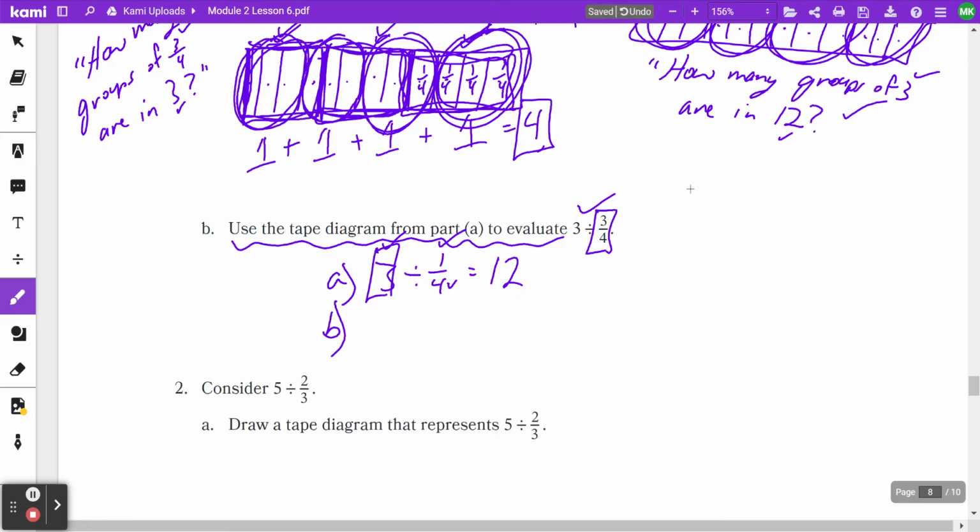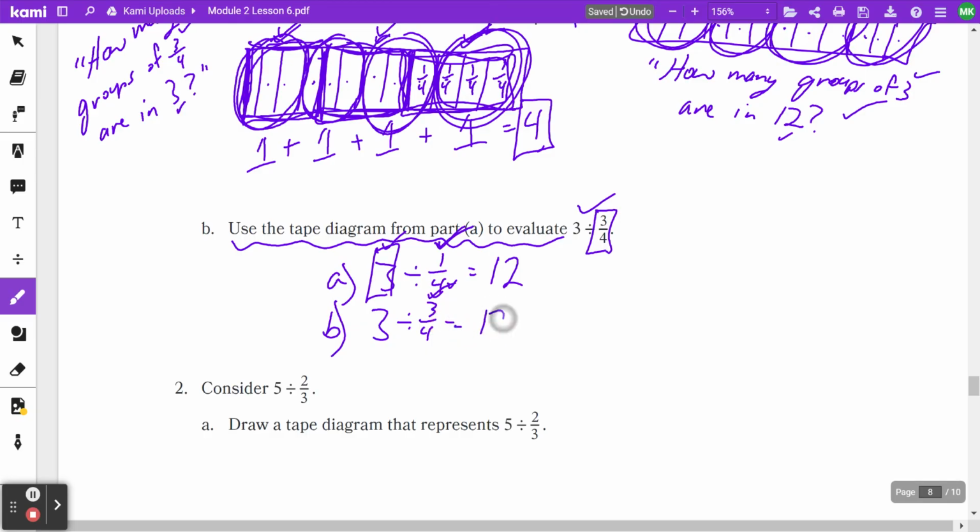Now, if I ask then, how many 3/4 groups? Well, then I'm saying to myself, hey, wait a minute. If there are 12 1/4s and I triple the size of the groups, I'm saying 3/4, and it's 3 times the size.